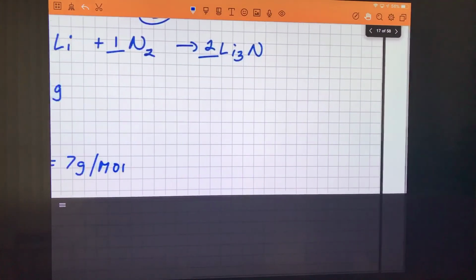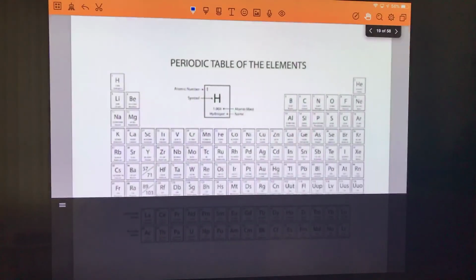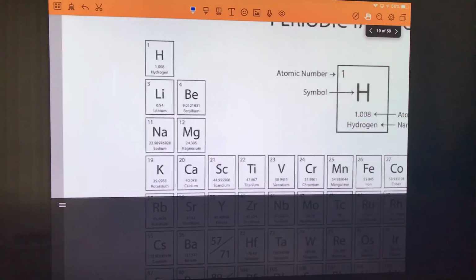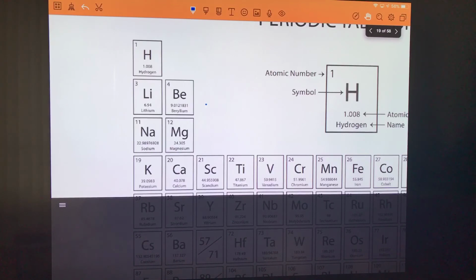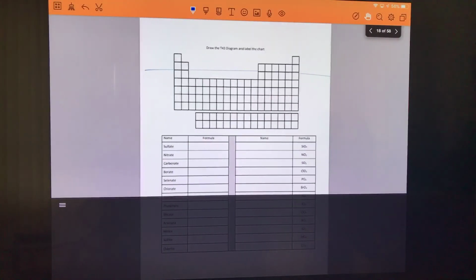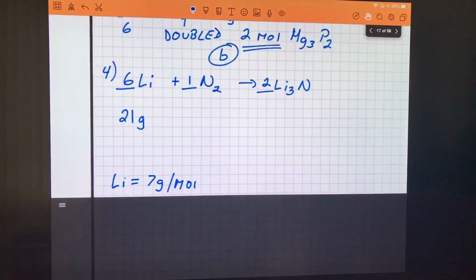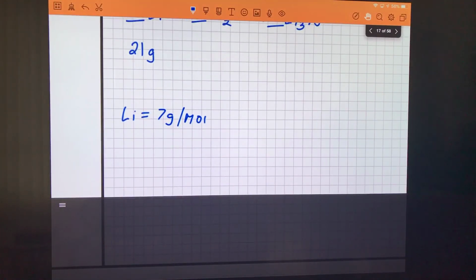I can see 6.94 on the periodic table, so 7 grams. So 7 grams in 1 mole. So 21 divided by 7 means that I started with 3 moles.